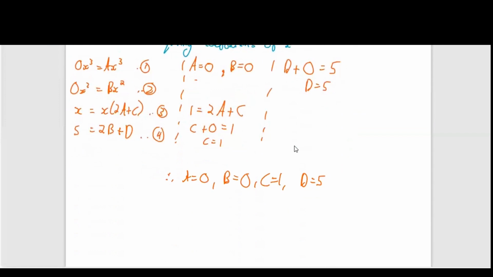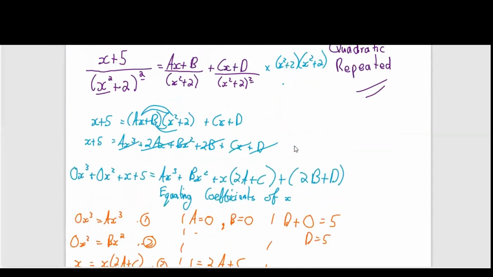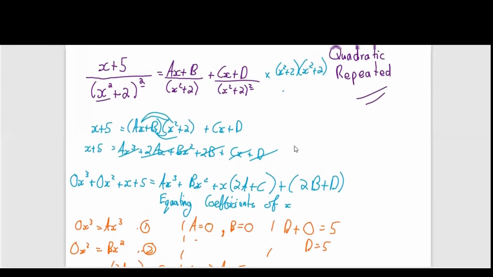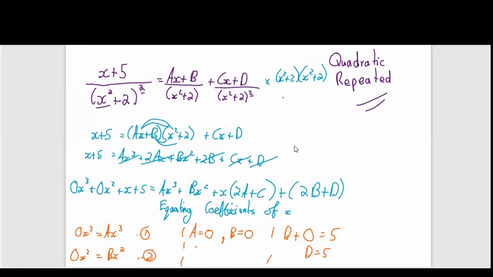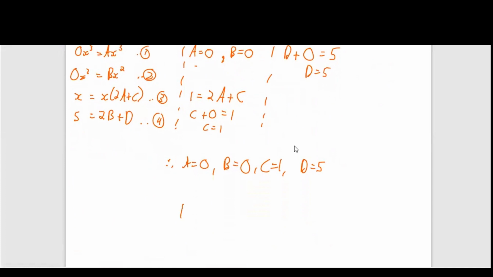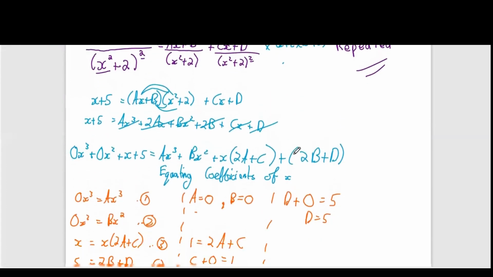Now we just write it back in its partial fraction form. Since a and b are 0, we don't have anything for this piece here. So cx plus d, so cx will be 1x plus 5, all on x squared plus 2, squared.